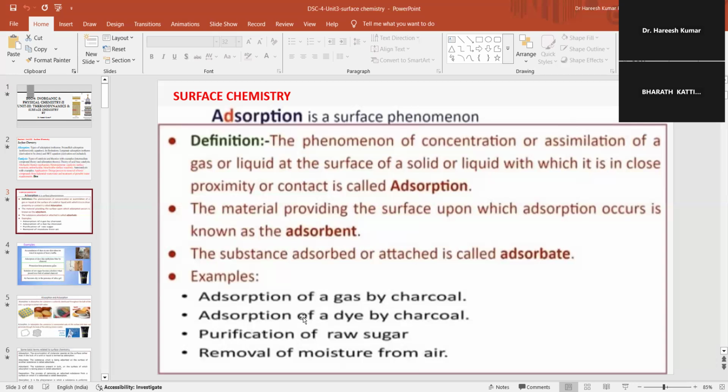Similarly, adsorption of dye by charcoal. Dye means that may be a colored compound. This colored compound can be removed by charcoal. So that means colored compound or dye or methylene blue will act as an adsorbate, and charcoal will be the adsorbent. Similarly, this adsorption technique is used in the purification of the raw sugar. Raw sugar means crude sugar.